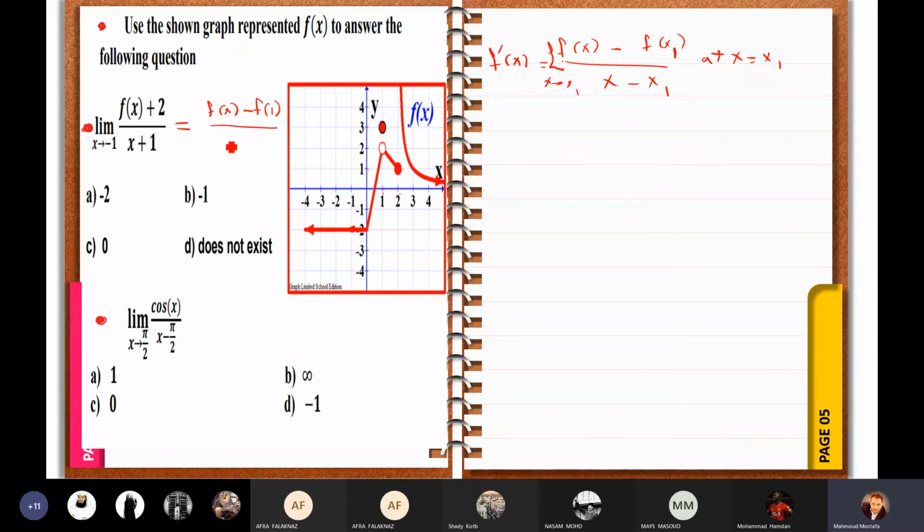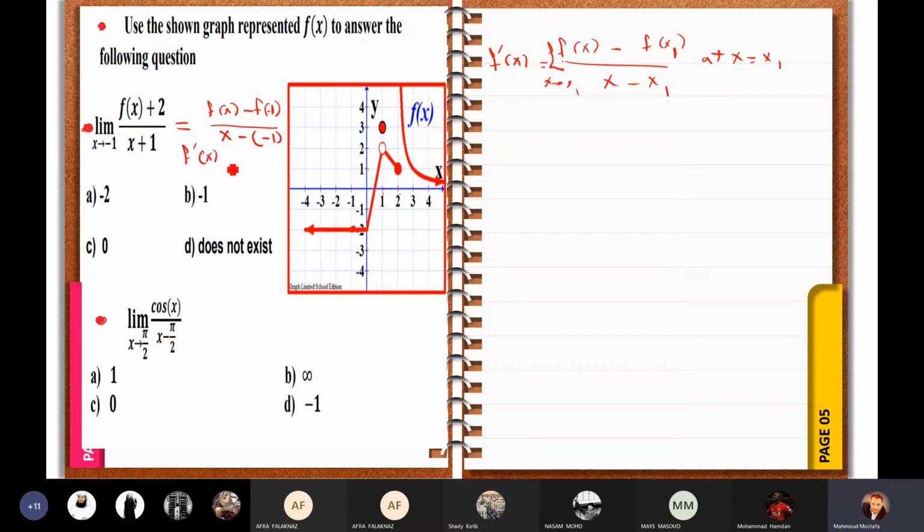Now this one could be x minus 1. Sorry, f of minus 1, not 1. F of minus 1. So look at the form we have. This one is what?